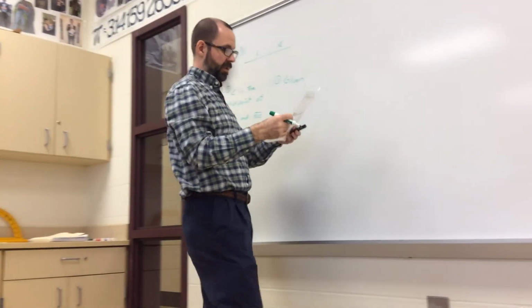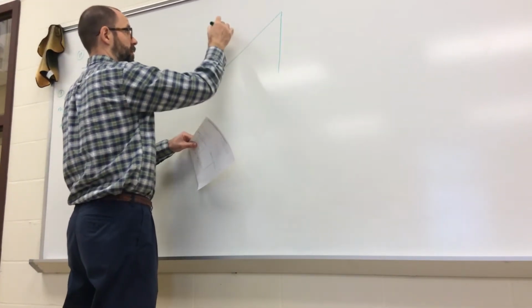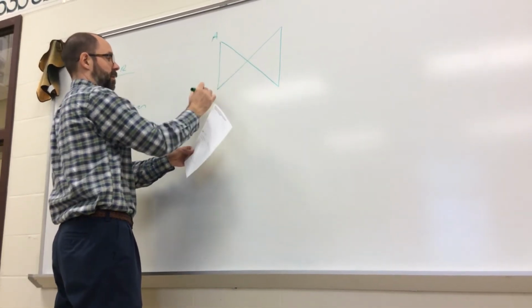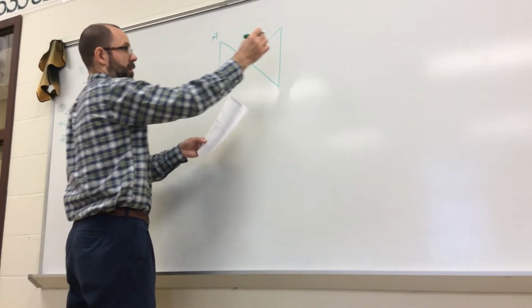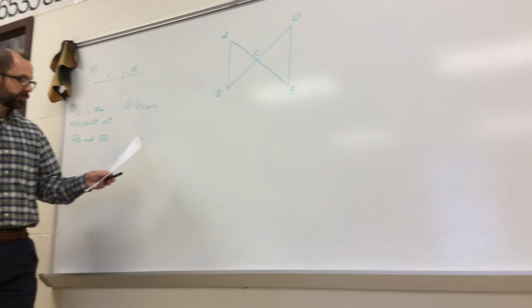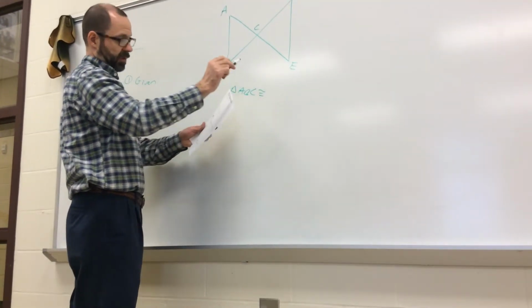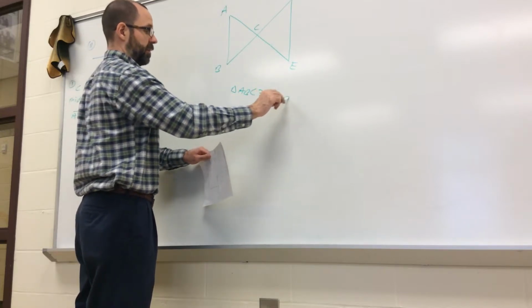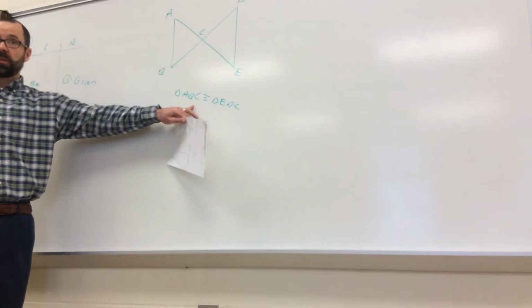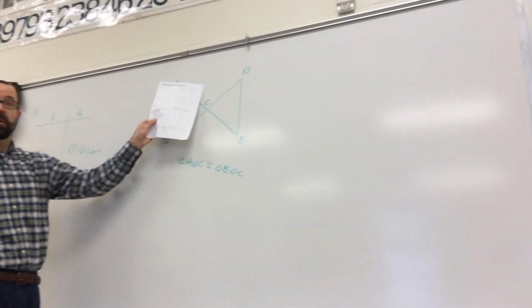And there's a picture over here. We're trying to prove that triangle ABC is congruent to triangle EDC. That's our goal. That's what we're trying to prove. Trying to show that that triangle is congruent to that one.